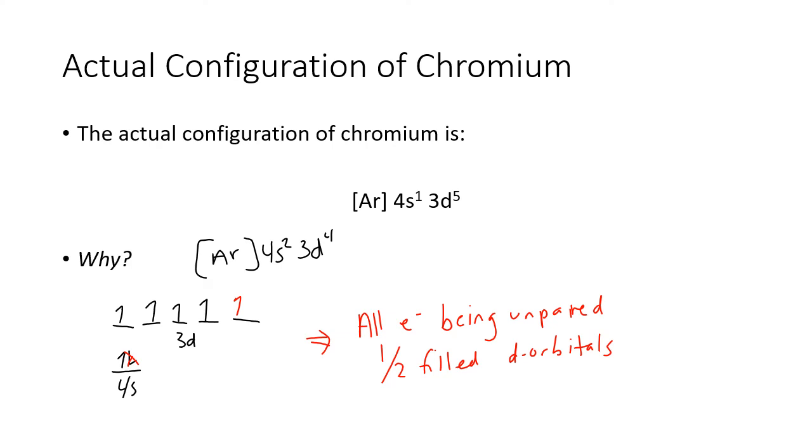And in some ways it does, because it's reducing the amount of electrons repelling other electrons. So you should know that chromium has that unique configuration, and you should also know that molybdenum and tungsten, Mo and W, also have this unique configuration where one electron switches from the s to the d.